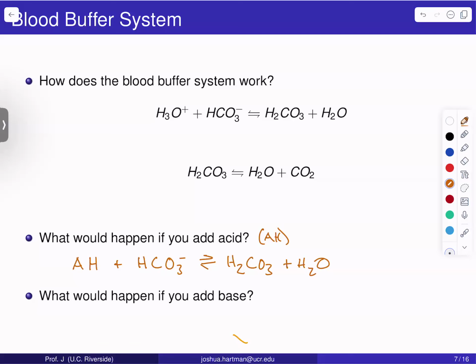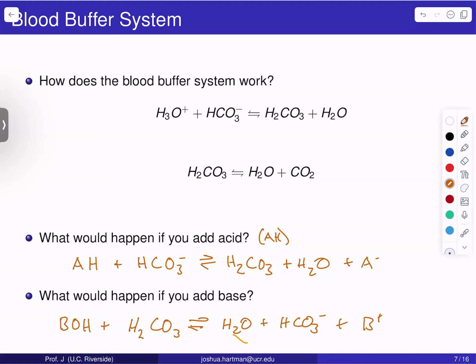Conversely, if you were to add a base, we'll call that some generic base BOH, essentially an OH minus, then that base can react with the carbonic acid, and you will then neutralize that base, and you'll have HCO3 minus left over, as well as whatever conjugate you have from the base that you added.